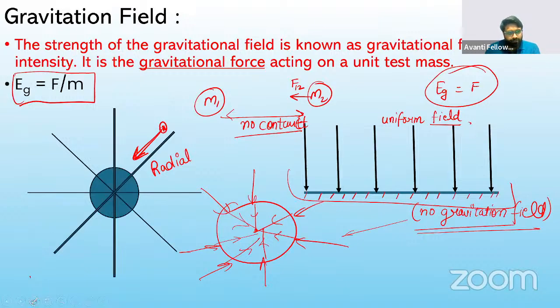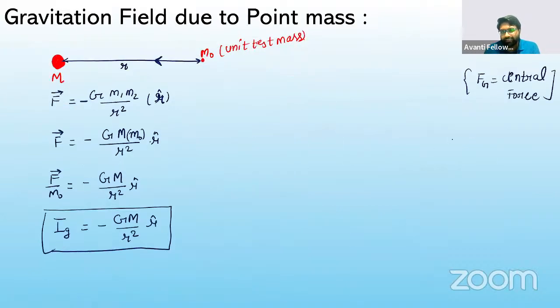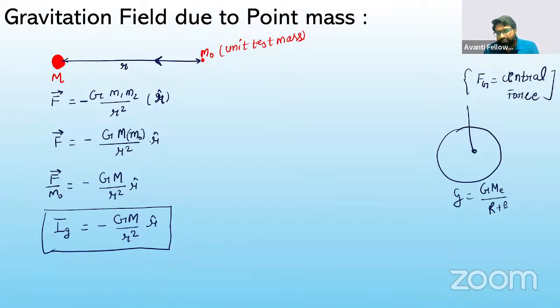See, the gravitational acceleration we got from Earth, that was also the same: g is equal to G M e upon (R plus h) square. If I write R plus h as small r only, it is nothing but gravitational acceleration. So intensity of gravitational field is measured in terms of gravitational acceleration. But it is different for different mass particles. For Earth, it is different. For Sun, it will be different.